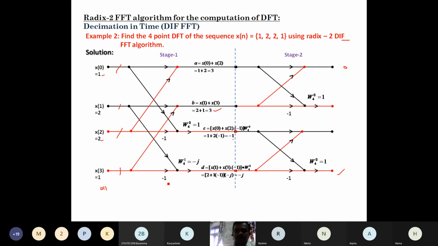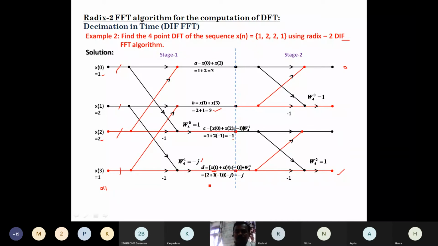At the summing point, it becomes minus x3. So minus 1 is multiplied. x1 plus x3 into minus 1, and the overall sum is multiplied with the twiddle factor W4 of 1. W4 of 1 is equal to minus j.